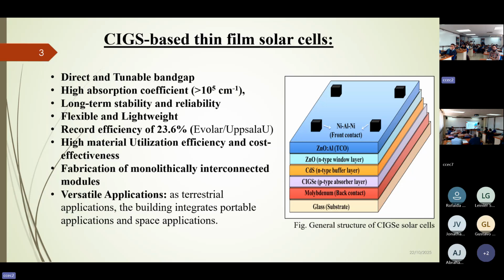It also has the advantage of long-term stability. I think the degradation rate is 0.02% every year. These solar cells are also flexible and lightweight. For now, we have a record efficiency of 23.6%, and you can use them for terrestrial as well as space applications.